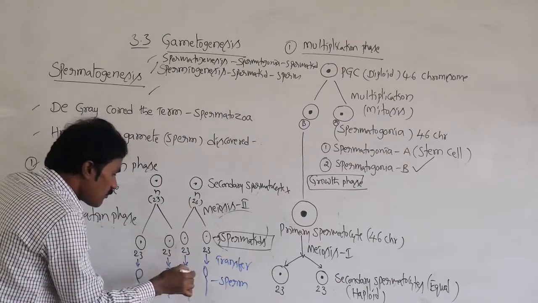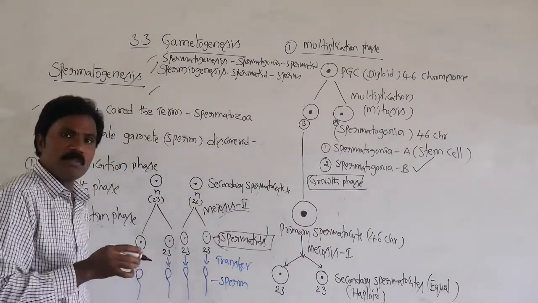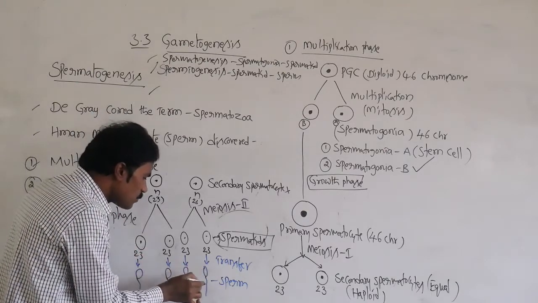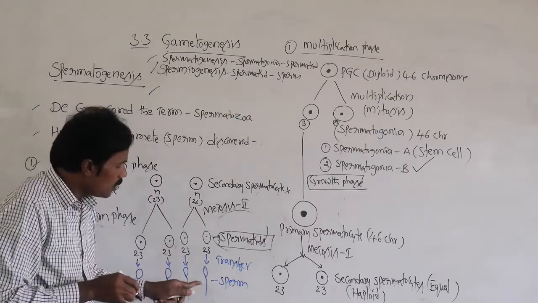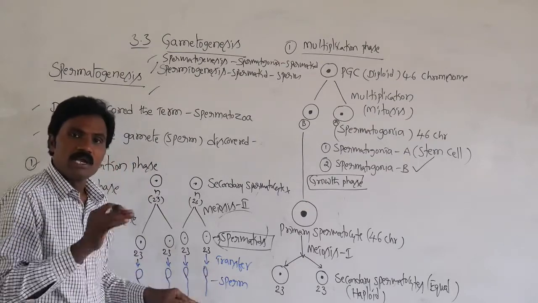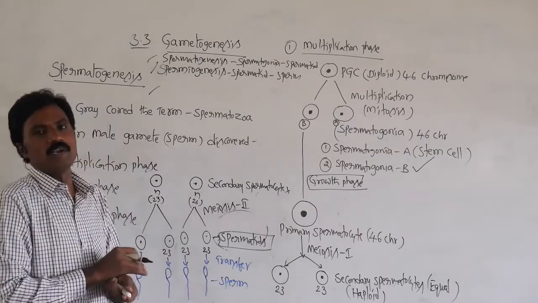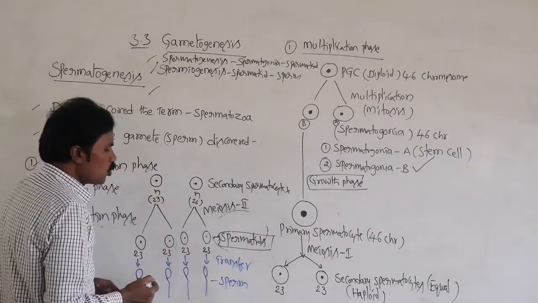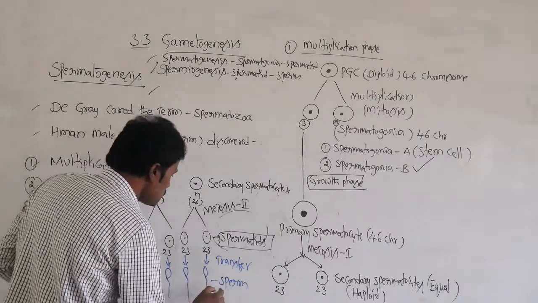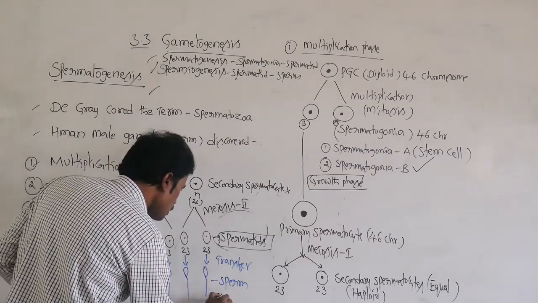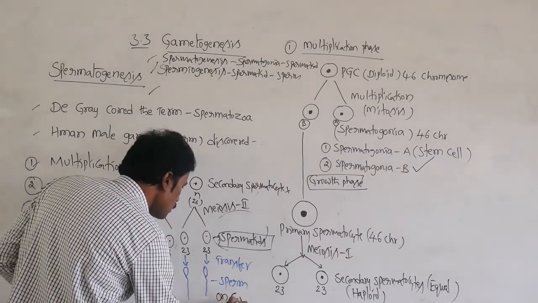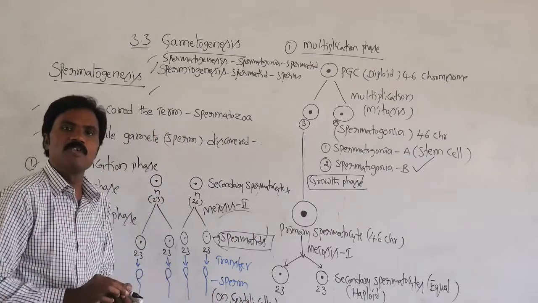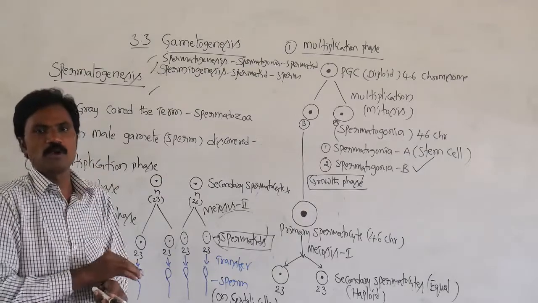After formation of the sperm, different parts are present: head, neck, tail, and this part. The mature sperm is embedded on Sertoli cells, with its head embedded in the Sertoli cells.